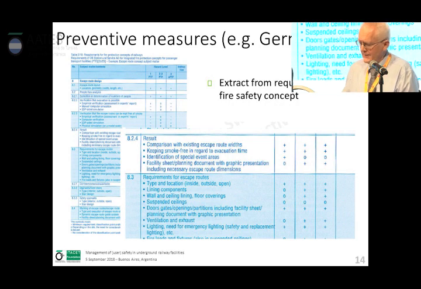Ventilation is only covered here on 4 pages, so you see the extent of aspects to be considered for fire safety. If you wish, you can have a look later. I'm just saying that, of course, behind all these topics, there are many detailed works to be done in order to make a new system or an existing one fire safe.